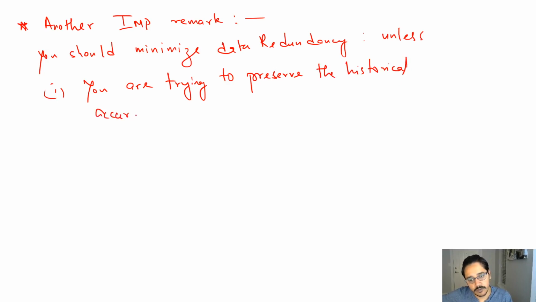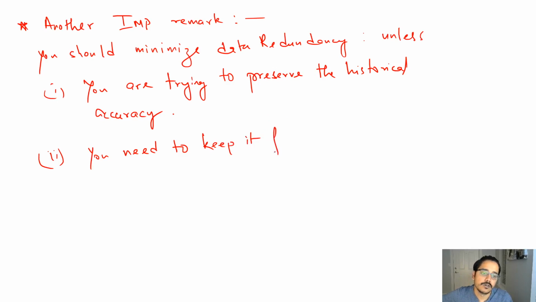So of course you will need additional copies, or you need to keep it for performance, let's call it database performance purposes.